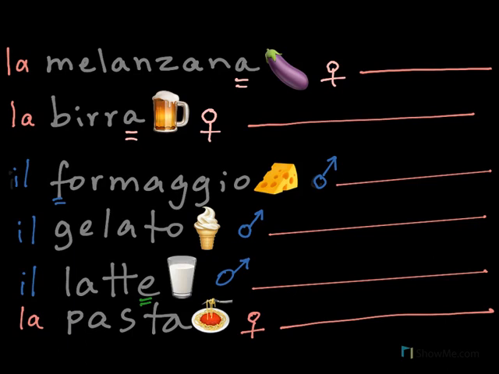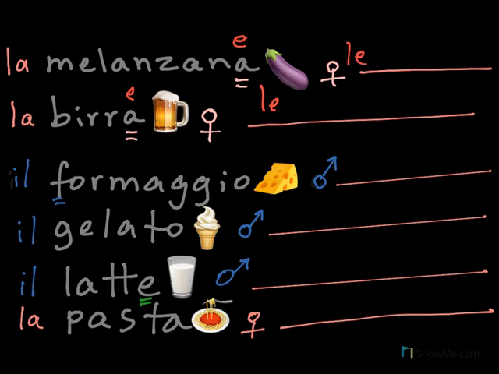La melanzana will become le melanzane, and it will end on e. La birra will become le, the definite plural article, and it will end on e as well as a plural, because that is the plural of a.